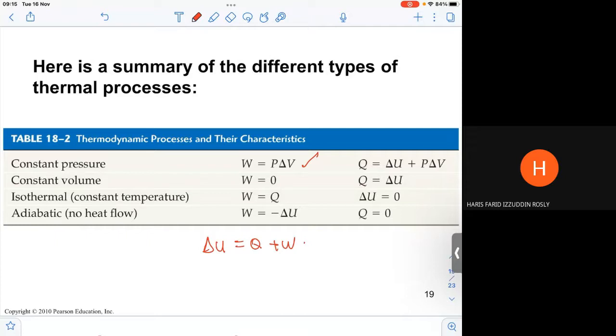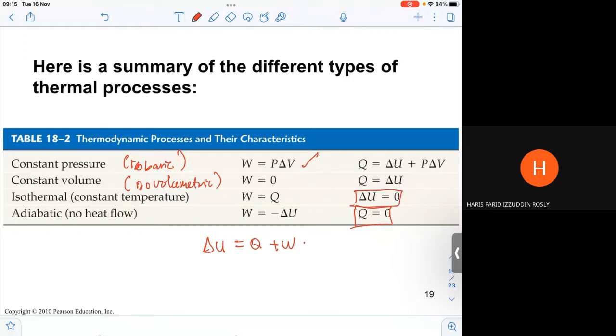Okay, so the main thing when you're calculating: isovolumetric, isobaric process, isothermal, and lastly adiabatic. For adiabatic, Q equals 0. For isothermal, delta U will be 0.